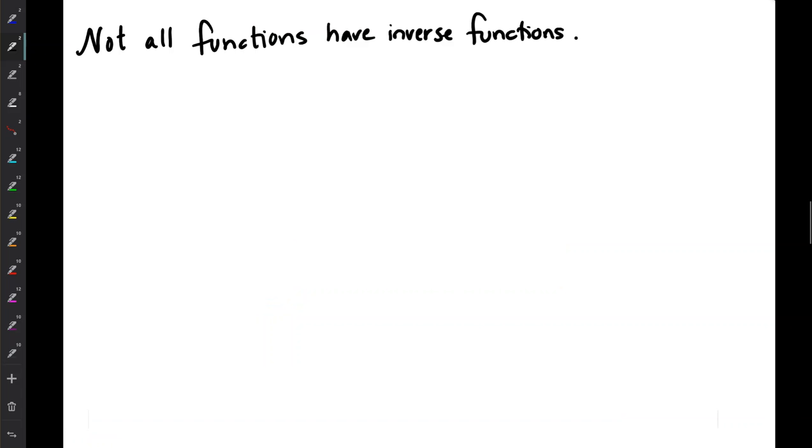All right, so not all functions have inverse functions. Yes, you can switch the ordered pairs around, but is that new set in fact a function? Right? So the functions that have inverse functions are what we call one-to-one.